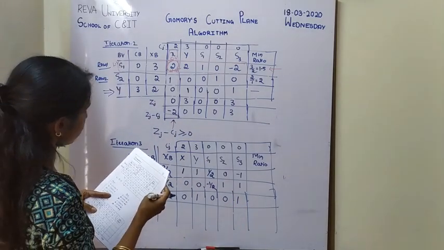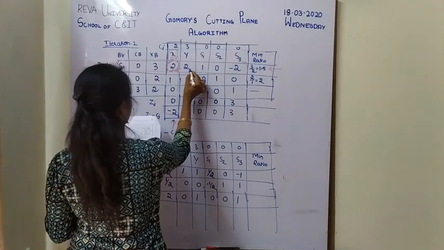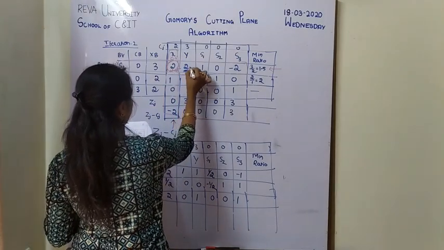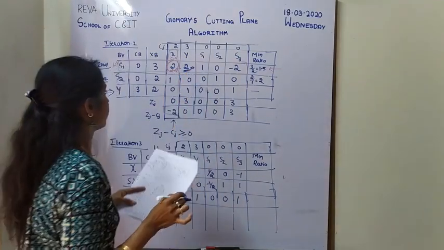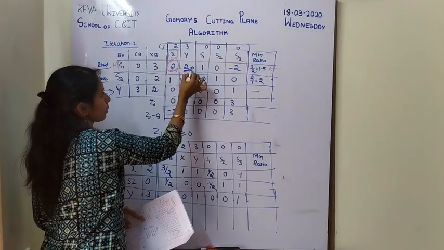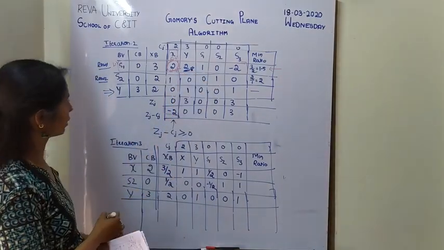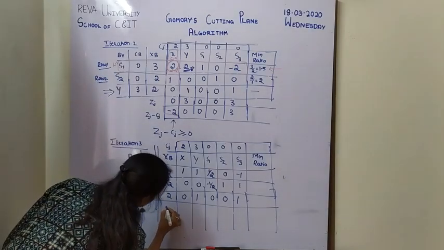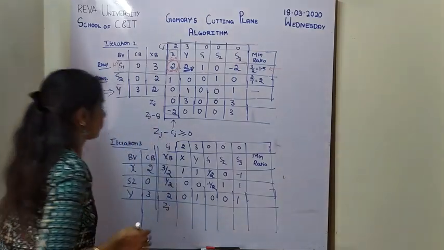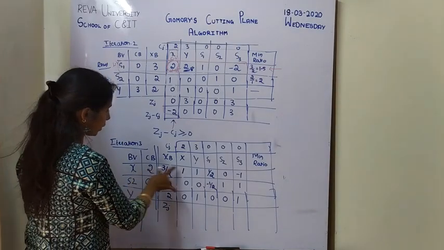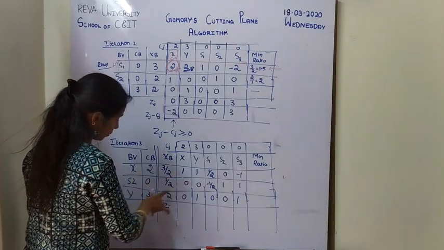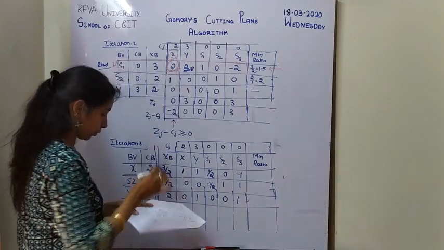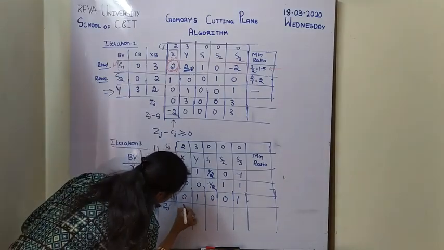Might be I have done some mistake here. Everyone check this place, you might get 0, I'm not sure about this one, check once again. So now the Zj value here is: 2 into 1 plus 0 into 0 plus 3 into 0, so you will get 2 here.